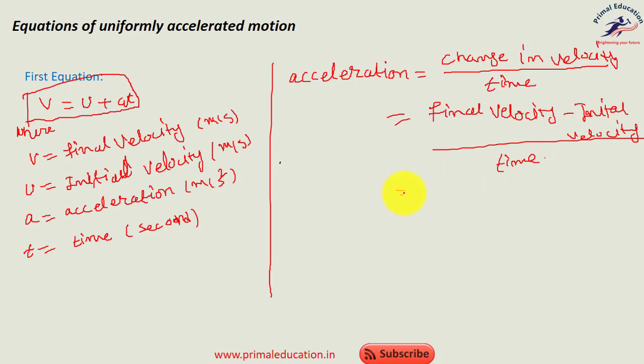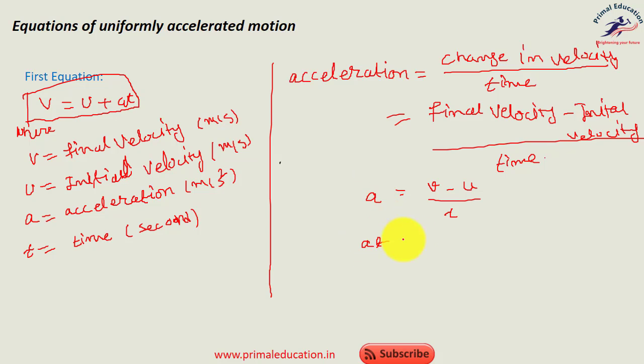So this can be written as, as we have already discussed, v will express final velocity, u will express initial velocity, a will express acceleration, and t is the abbreviation for time. So here (v minus u) over t is equal to a.